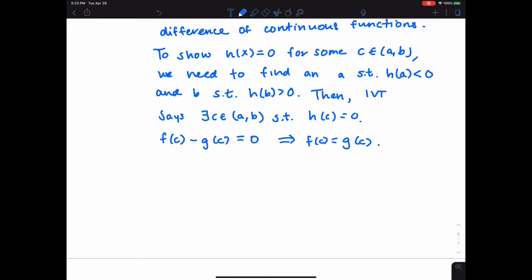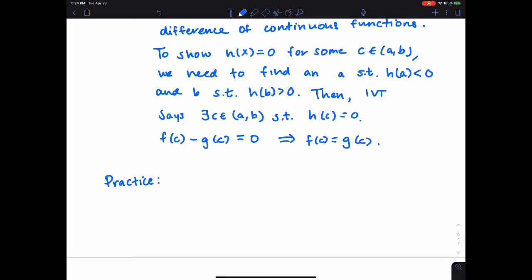Actually, there's going to be a practice problem that I post for you where you try to prove that f of x is equal to x for some x, given certain domain restrictions. You want to think of this x value as being your function g.